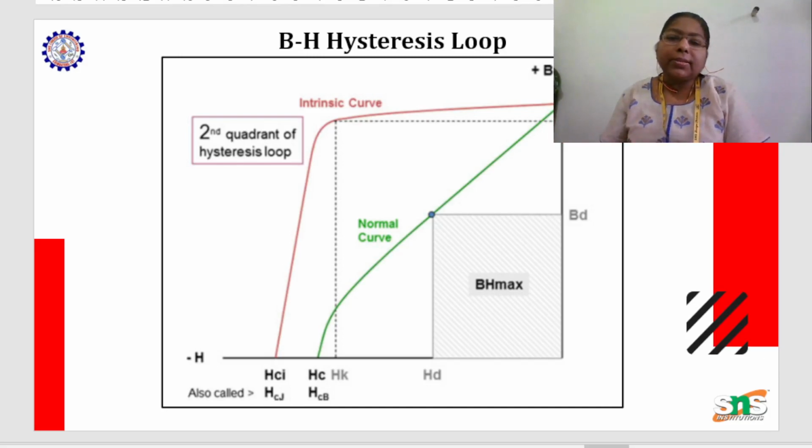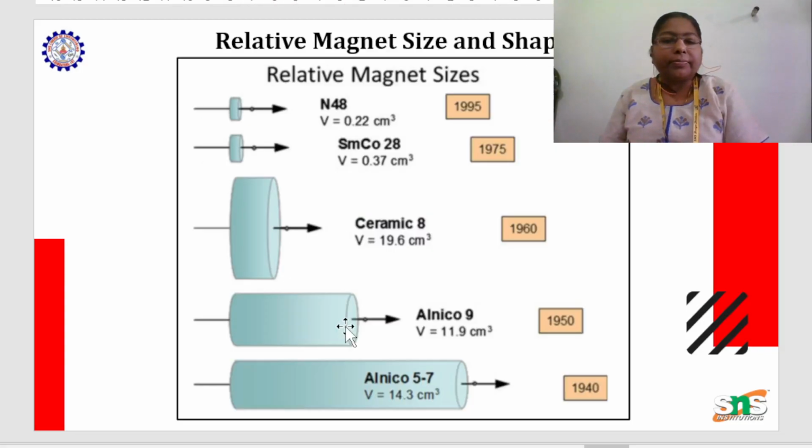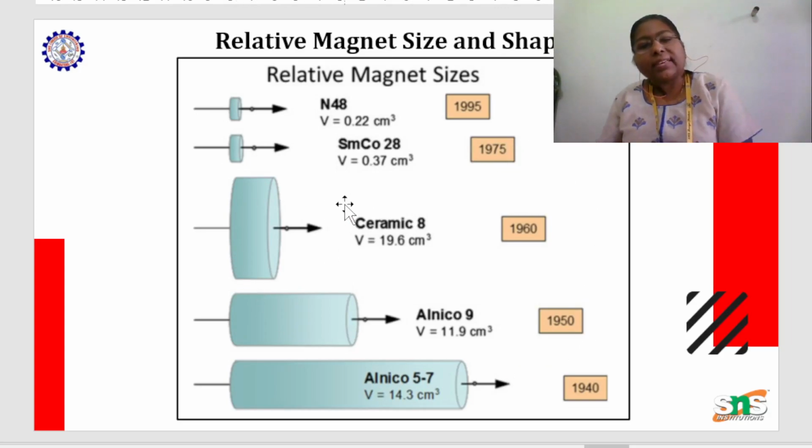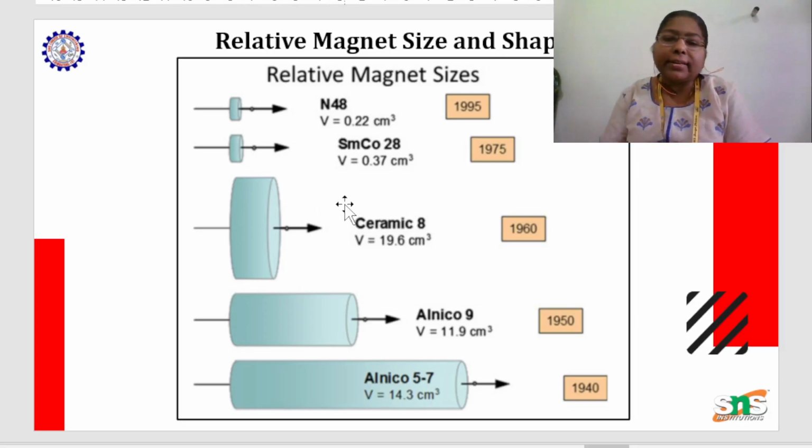If you see this, Br is a factor of coercivity, and here this HCI also has to be considered. The size and the shape depend upon the type of magnet and the grade of the magnet that we use.